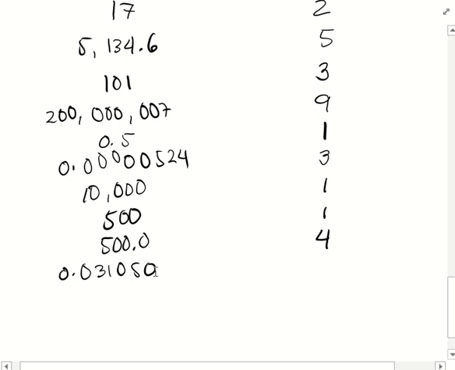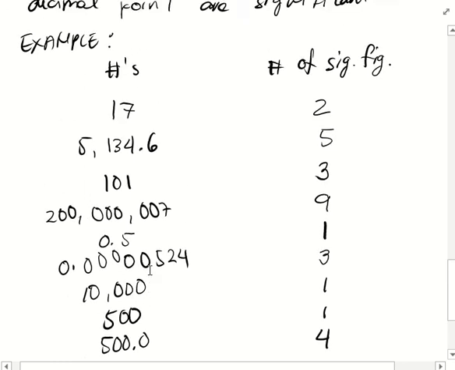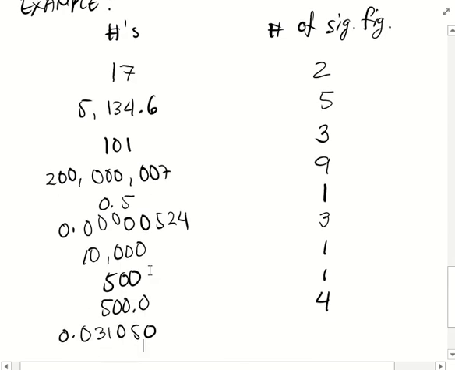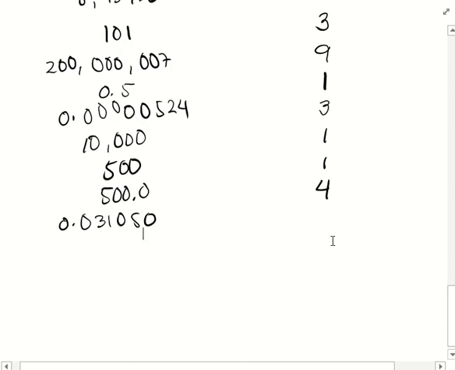And the last one, the 0 here, do we consider it as a significant number? We consider it as significant, so it should be 5 significant figures.